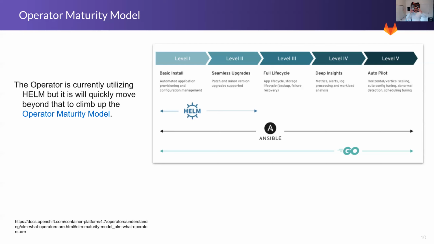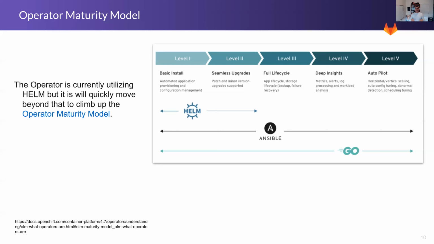And then that operator will be responsible for deploying, upgrading, backing up and failure recovery, monitoring, as well as scalability up and down, horizontal and vertical, as per the workload. From levels 3 to 5, the operator will need to use either Ansible or Go to function these features.